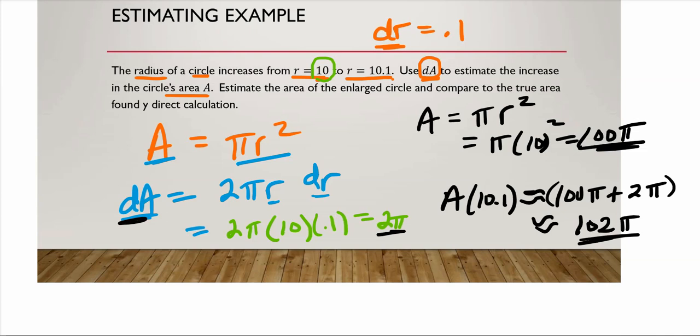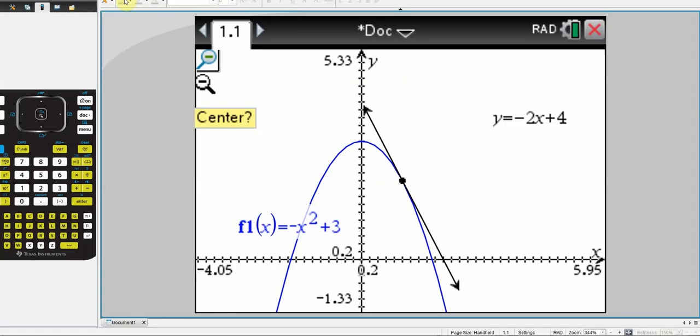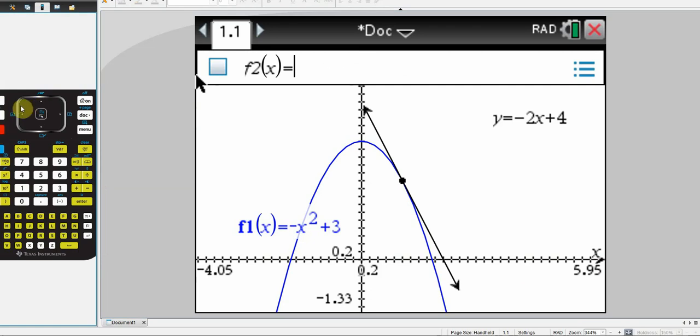Now what is the exact area? All right, well, the exact area, I'm going to come down here and say the area is going to be pi, and my radius is now 10.1, and I'm going to square that. So let me take out my calculator here.